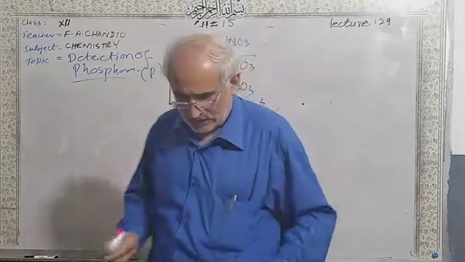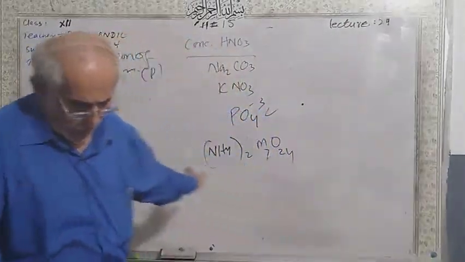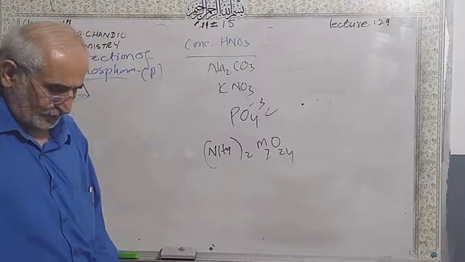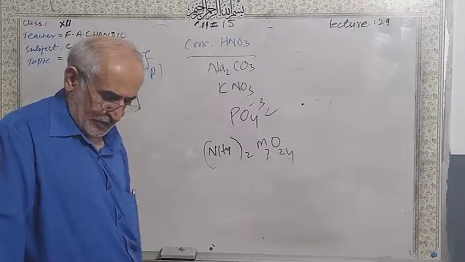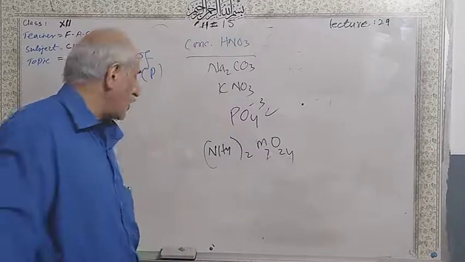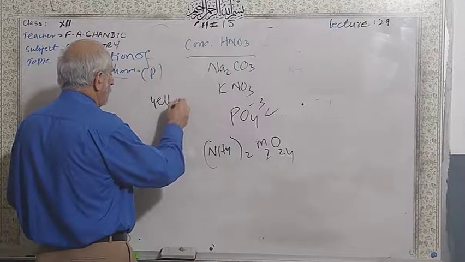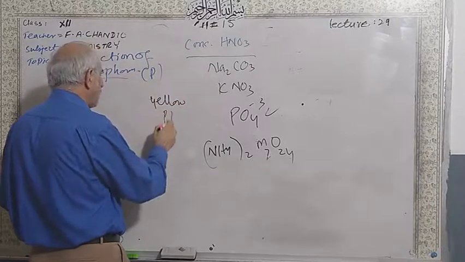It is a reagent; the solution of ammonium molybdate is added in excess. A yellow coloration or precipitate indicates the presence of phosphorus.